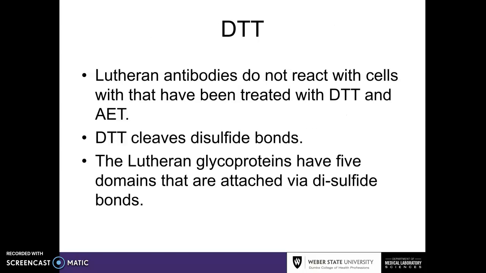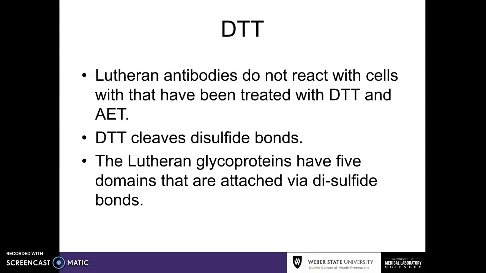Additionally, and this is interesting, when we have Lutheran antibodies and we are testing them against cells that have been treated with DTT and AET, the antibodies won't react, even if the cells were shown to be Lutheran positive. The reason for this is because DTT cleaves those disulfide bonds.